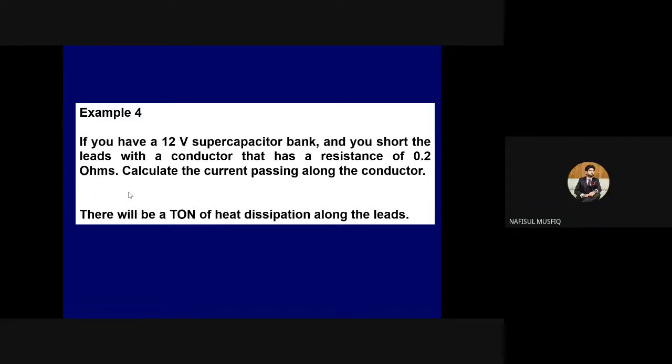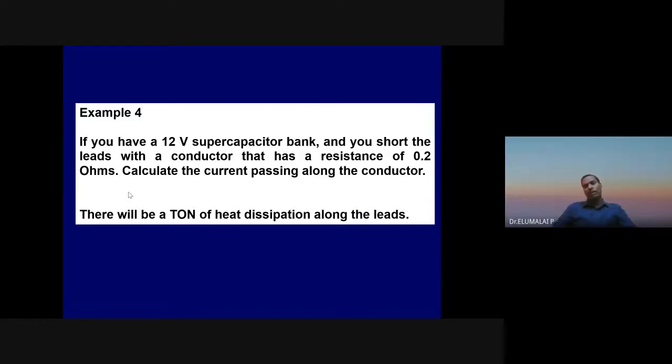Now it's 60 amperes, sir. Very high. You will burn the terminals, in fact, because the resistance is very low, and the capacitor can suddenly discharge and heat up, and the terminals can be burnt.